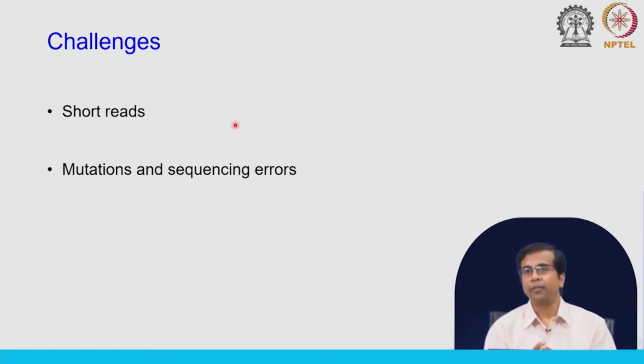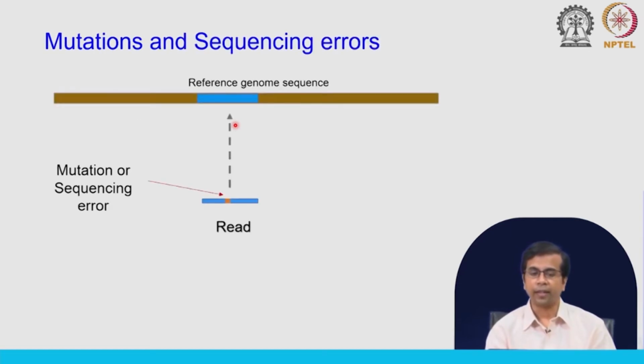Here, if you have a sequencing error, one of these bases will be changed to something else, and you probably will not find any match in the reference genome, right. So, there is no perfect match. This is something you would have to consider while you are doing the mapping. Any algorithm, any tool that does mapping will have to consider that there may not be a perfect match, and we would have to find the best match. Okay. So, this is again a challenge, right.